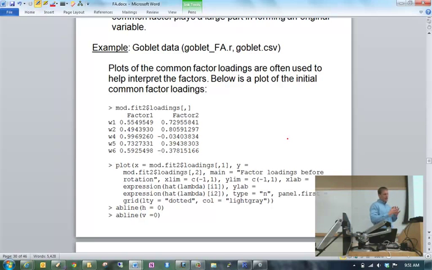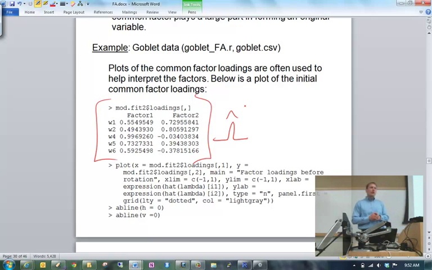But I think the general concept of this graphical way to think about this is helpful so you understand what a rotation means and what the goals of a rotation are. So with our estimated factor analysis model, we have this for our lambda hat matrix. Okay? And what I'm going to do is graph this lambda hat matrix in a particular way, where I'm going to put the corresponding lambdas for factor 1 on the x-axis.